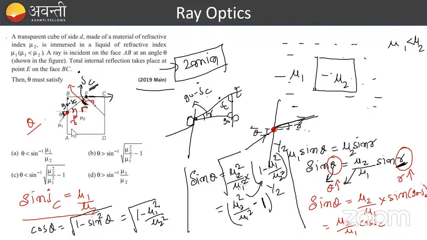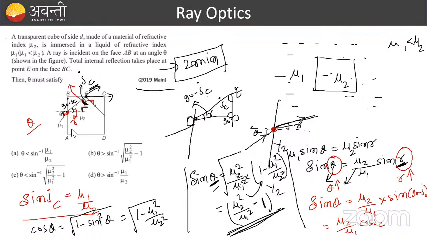So the value of sine theta: theta is how much? Sine inverse of root under μ2 square by μ1 square minus 1. And for this theta, the angle is how much? Critical angle. So other values of theta should be less than this theta. Because if theta increases beyond this value, then what will happen?